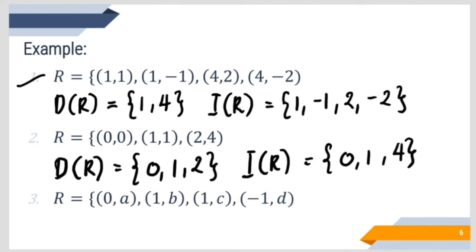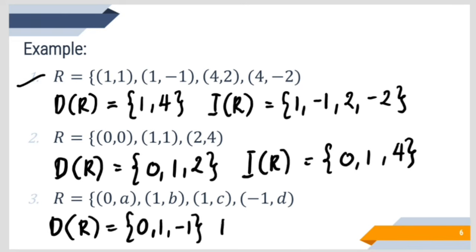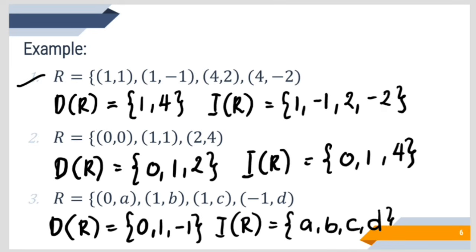And then the third one, we have (0, A), (1, B), (1, C), (-1, D). So our domain here would be 0, 1, -1, and then our image would be A, B, C, and D.